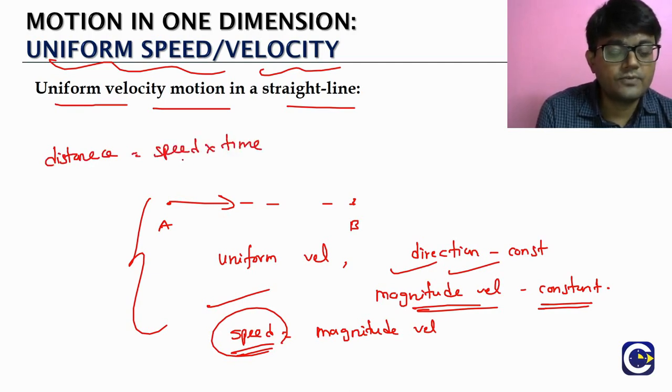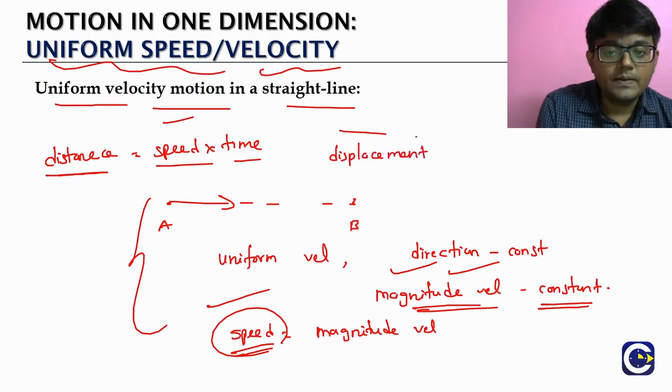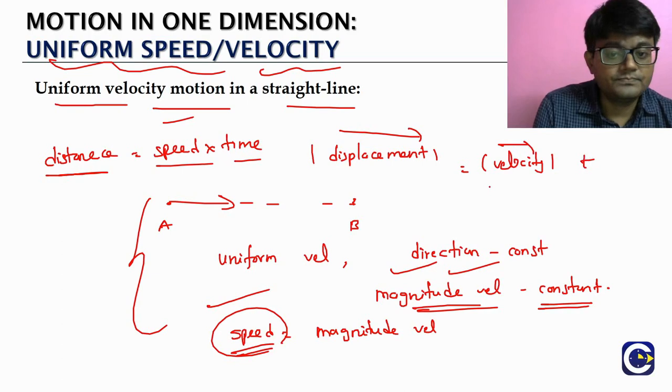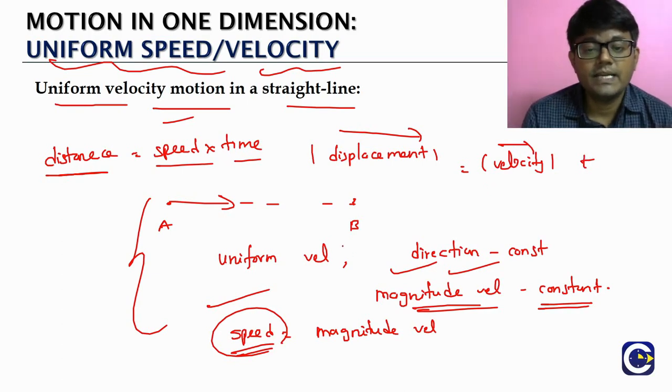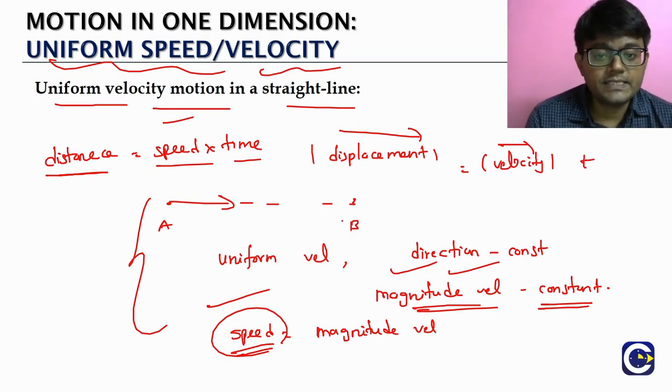This comes from the fact that speed is equal to distance by time, so distance is speed into time. Similarly, the relation between velocity and displacement: the magnitude of the total displacement will be equal to the magnitude of the velocity into the time. So these are the relations we have in terms of speed and distance, and velocity and displacement magnitudes.